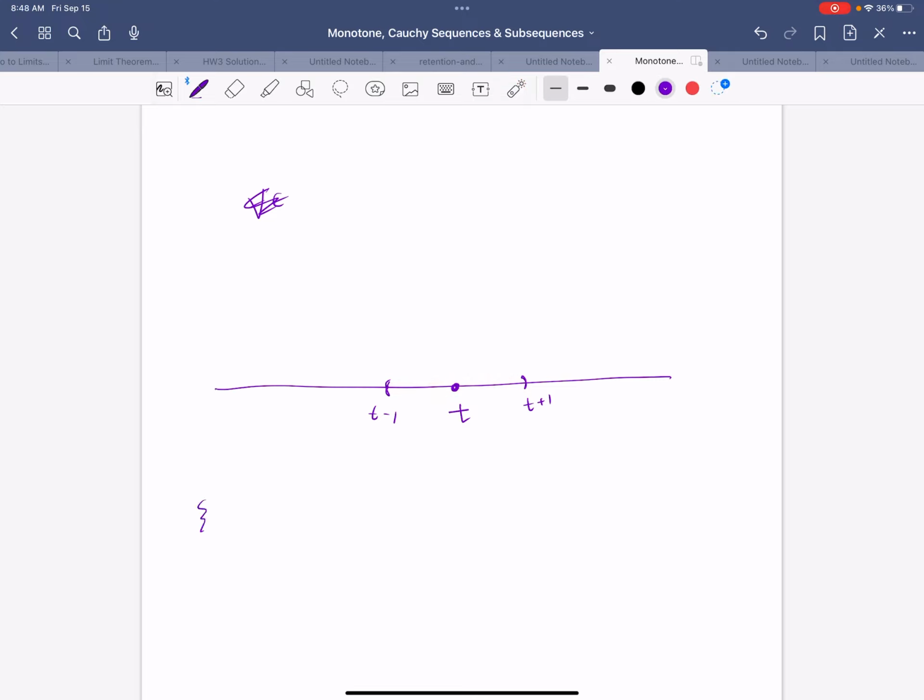So since there are infinitely many terms in this interval, there's got to be one term, and let's pick it. So pick Sn such that the distance between Sn and T is less than 1. Okay, call that one S1.